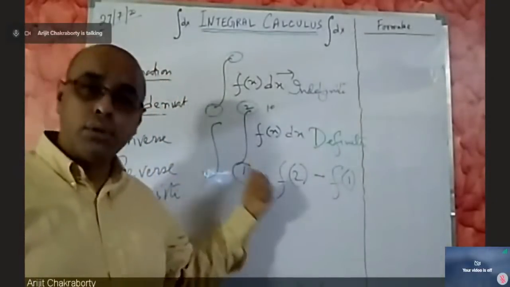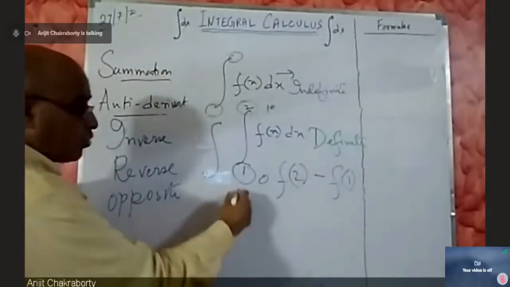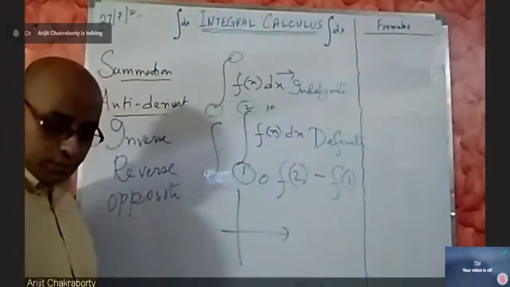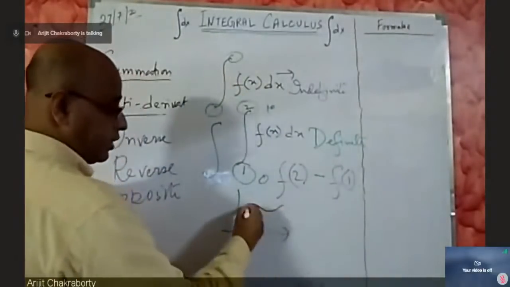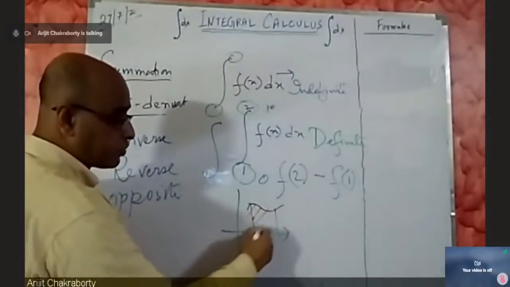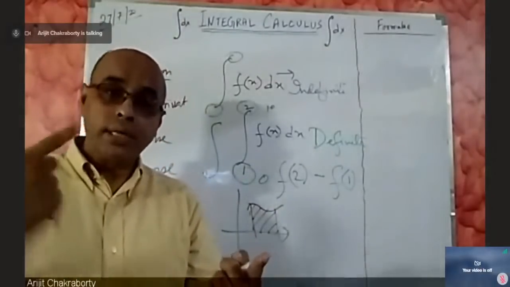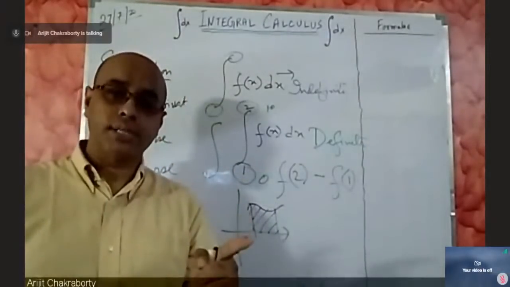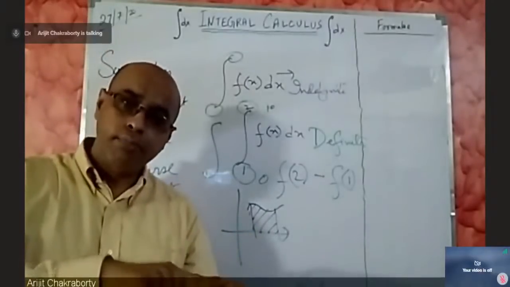Definite integration is used, again, I just drew a small diagram of a curve, whenever you want to find the area of a curve, then we use definite integration because we have to define the area between two points. The area bounded by two points.